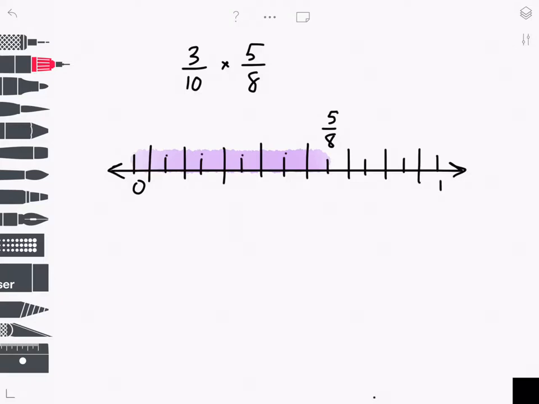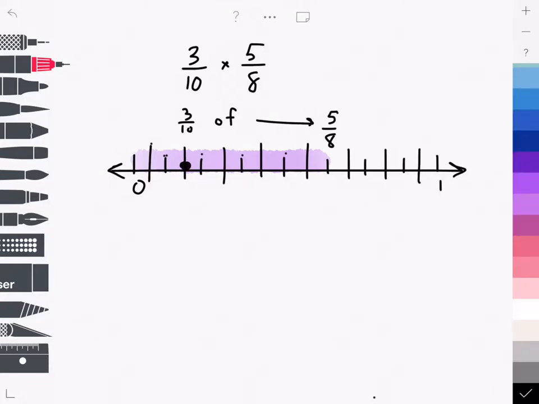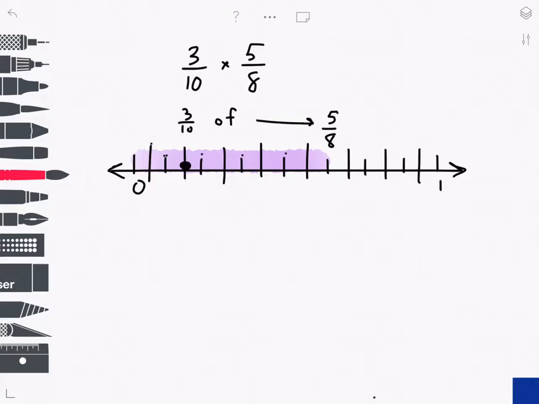Now I'm looking for 3/10 of 5/8. So I can just count 1, 2, 3/10 of 5/8 right here, and I will highlight that spot as well, that length.